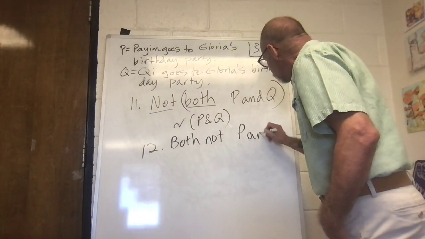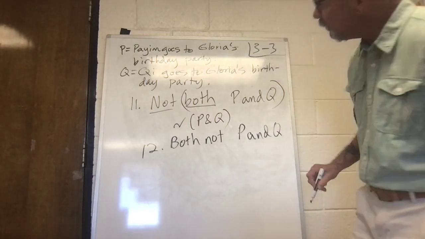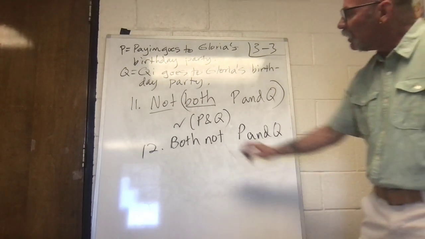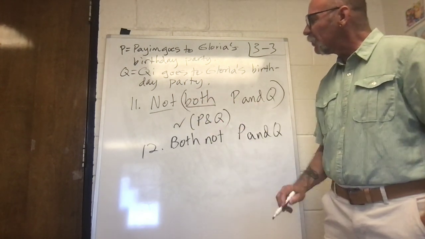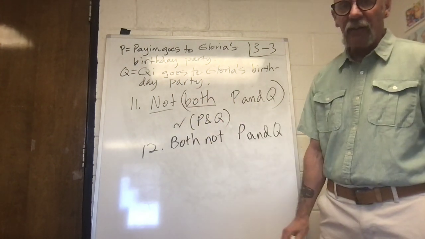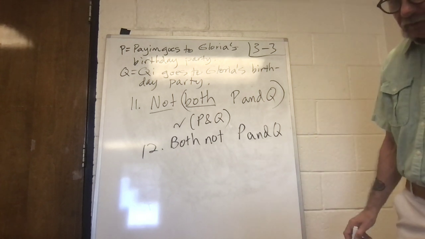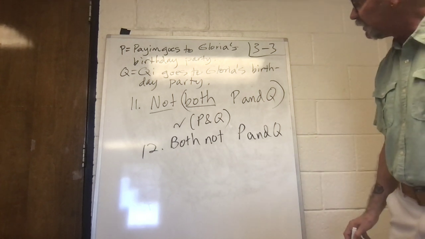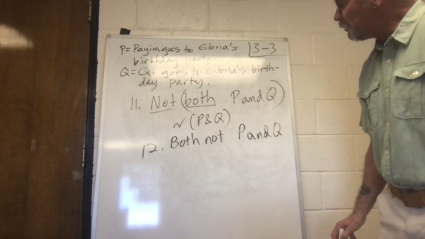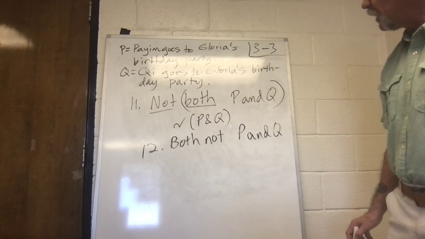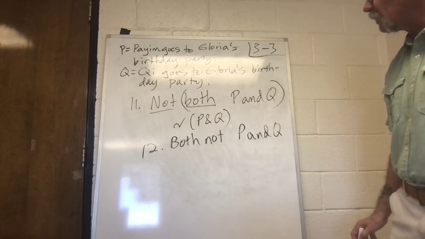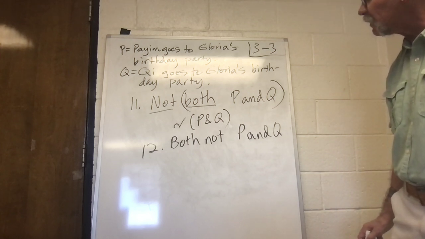P and Q. Look at the difference between 11 and 12. In 11 we have not both, in 12 we have both not. And although this may seem like an overly picky little detail, it is absolutely crucial to understanding the logic of what these two things are saying and how they are different.